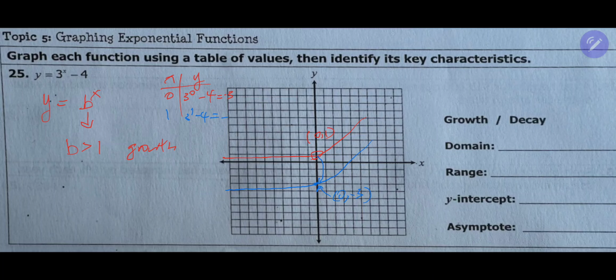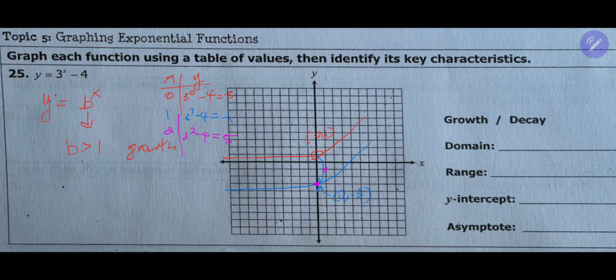So I kind of drew this bad. Okay. So yeah, it'll be 0, comma negative 3, 1, comma negative 1. And then if I plug in a 2, I get 3 squared minus 4, which is 9 minus 4, which is 5. So I get 2, comma 5.